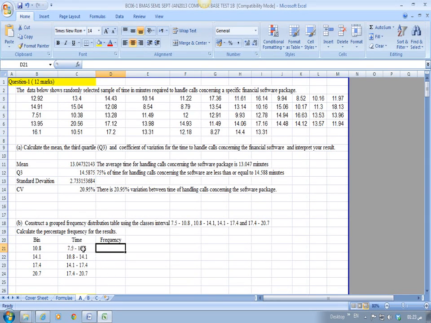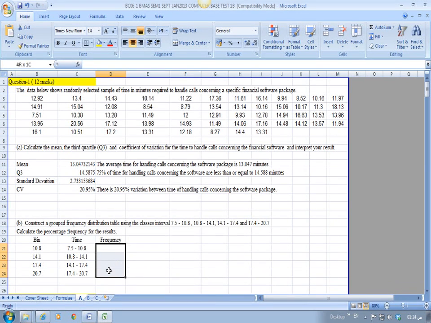It means that we want to see how many values from this table are between 7.5 and 10.8, and between 10.8 and 14.1, and so on. We want to find the frequencies here. You have to highlight the area where you want to find the frequency. You should not highlight something outside, you should just highlight the area where you want the frequency.